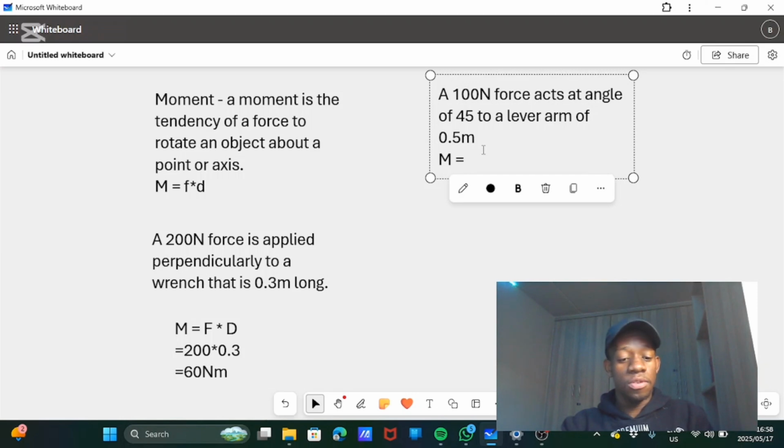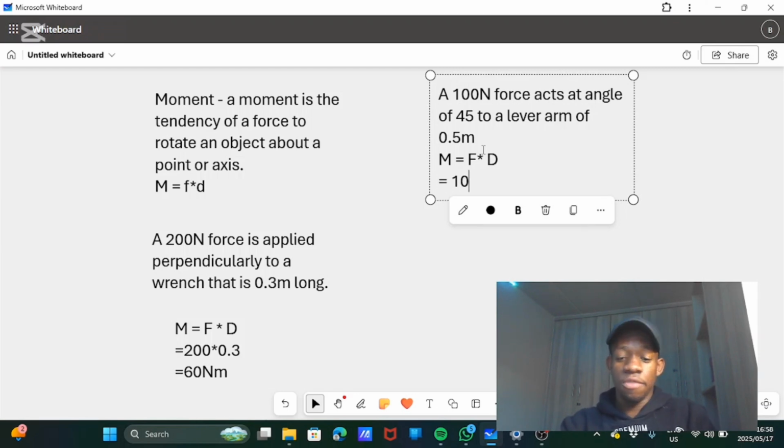We have M = F × D × sine theta. We have a force of 100 newtons, times the distance we have been given, which is 0.5, times the angle we have been given, sine of 45 degrees.